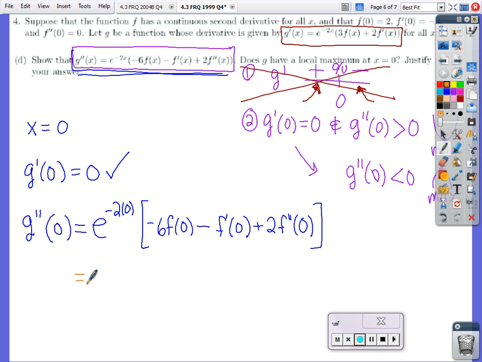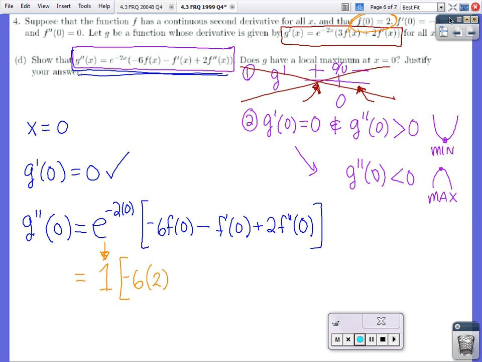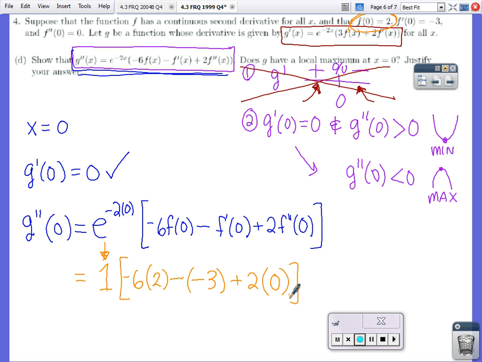So e to the 0 is 1. We get negative 6 times f of 0, which is 2. And that value I'm getting, if you look up top from here, minus f prime of 0 is negative 3, plus 2 f double prime of 0, if you look up top, is 0. So I used f prime of 0 and f double prime of 0.